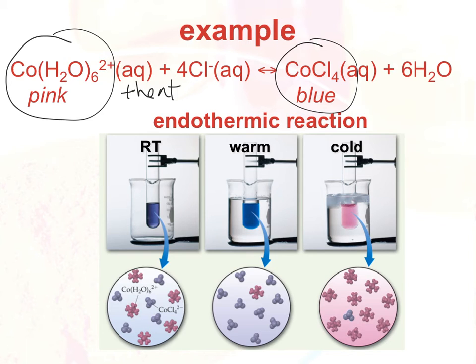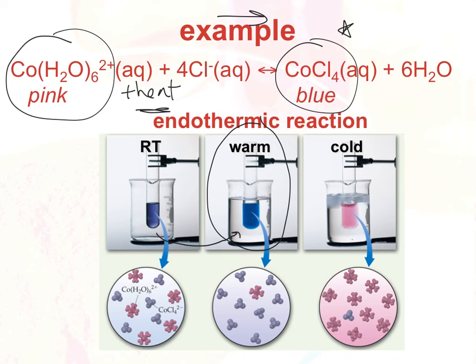If we take this reaction and increase the temperature, warming up the container, that means I am adding more reactant. If I add more reactants, the equilibrium shifts towards the right, or towards products. The product that I'm anticipating getting is blue, and notice we've gone from blue to very, very blue.